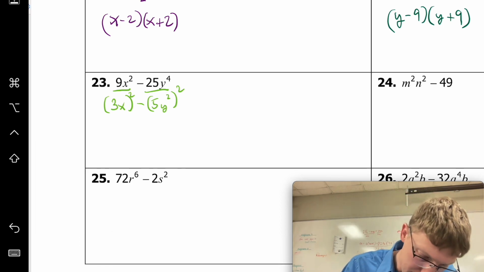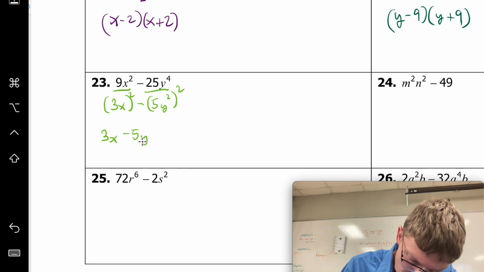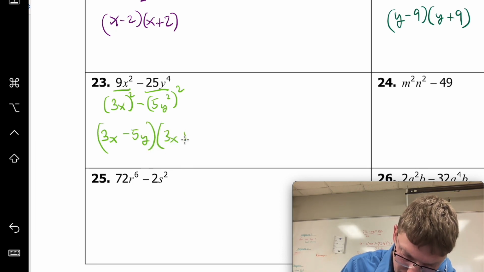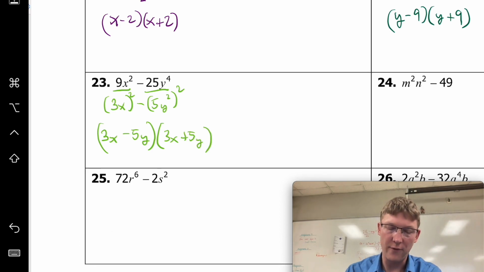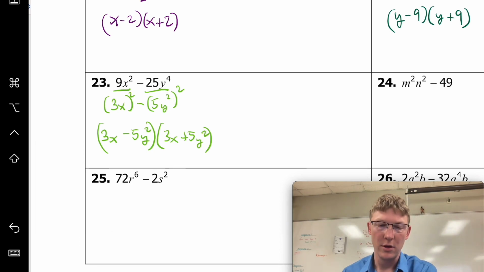So our answer is going to be 3x minus 5y and 3x plus 5y. So again, with variables, it's the same pattern, just slightly more complicated.